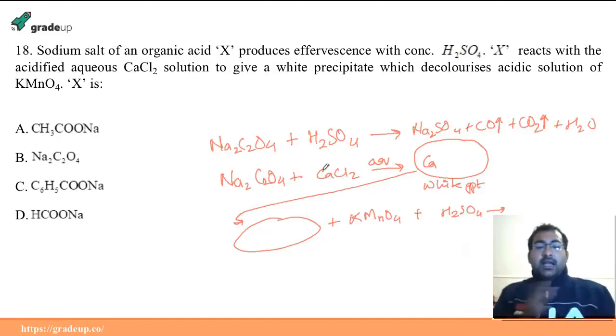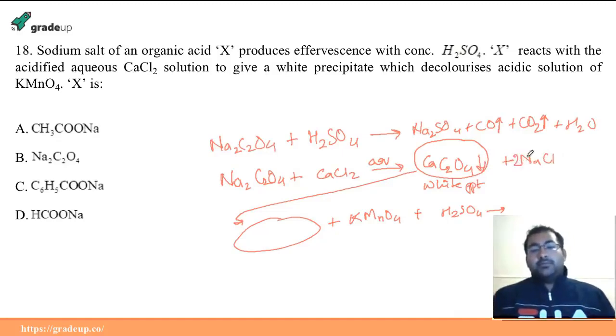It's just like an acid-base reaction. What you get here is CaC2O4, which precipitates eventually, and then you get NaCl, because NaCl is what generally forms. That's a nice compound you are getting. Now this is the white precipitate of CaC2O4.